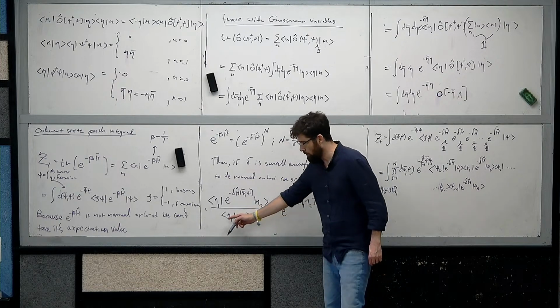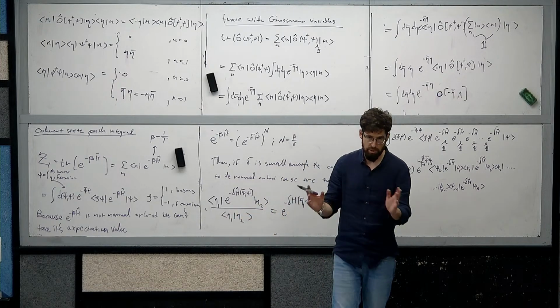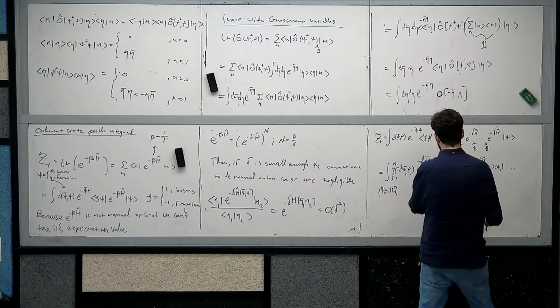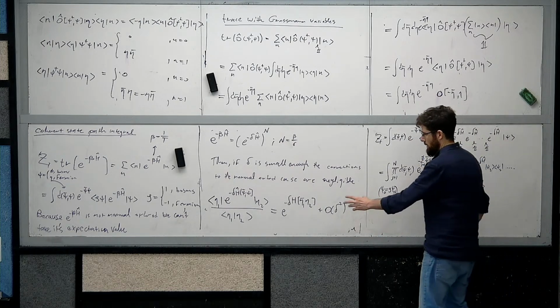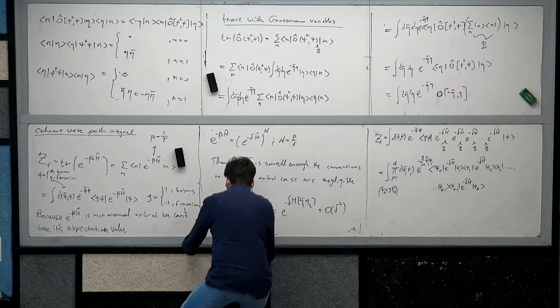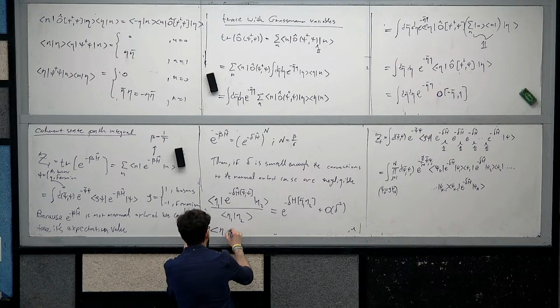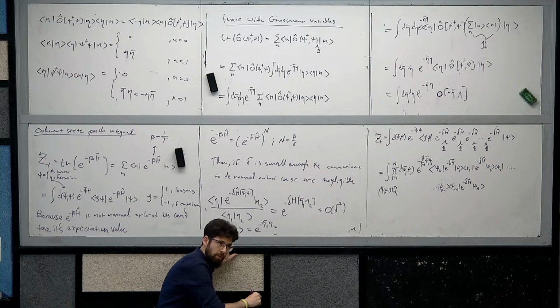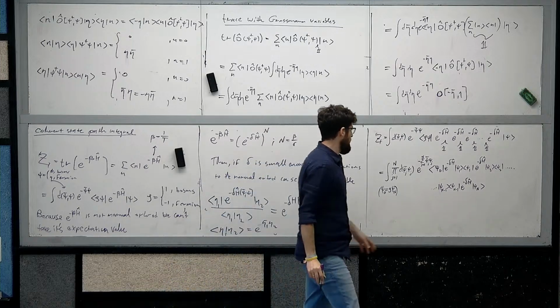Because this is an over-complete base, I can't just take this expectation value. So what will happen here is that I also have these factors. And then I will use the fact that eta 1, eta 2 is e to the eta bar 1, eta 2.